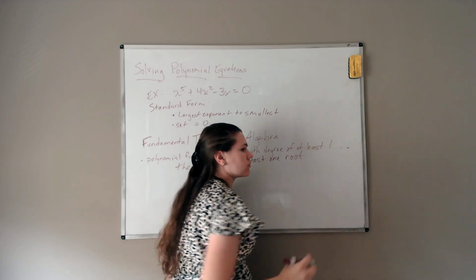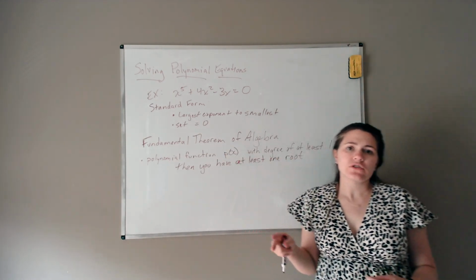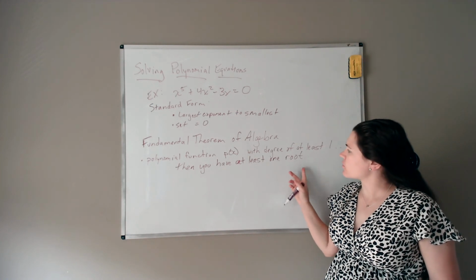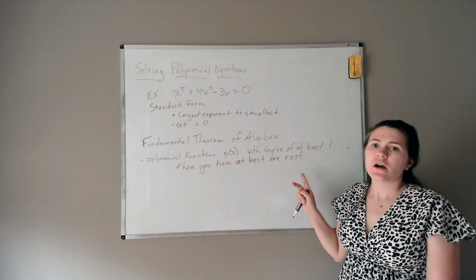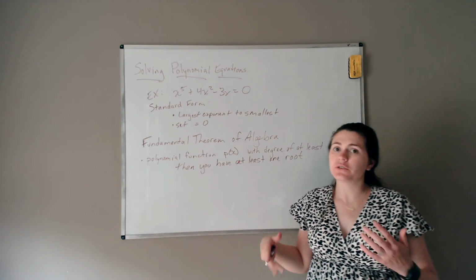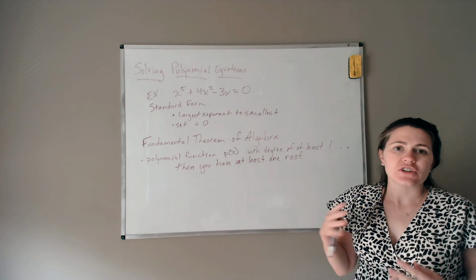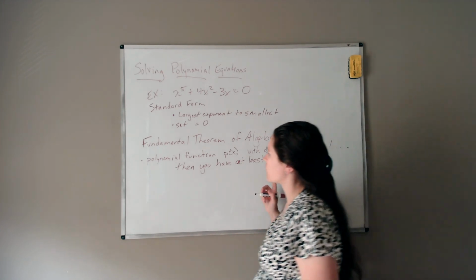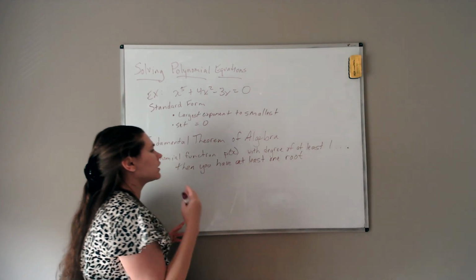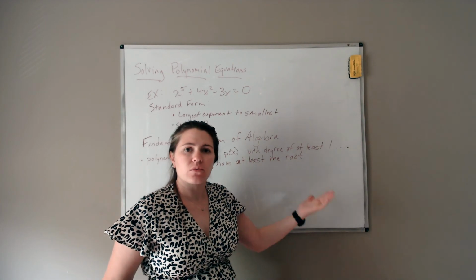Now, we talked about root solutions in a previous video. A root is the value of x when the output of the function is 0. Solutions, remember, is when you are solving for x when your equation is set equal to 0. So if you have a polynomial with degree of at least 1, you will have at least 1 root.